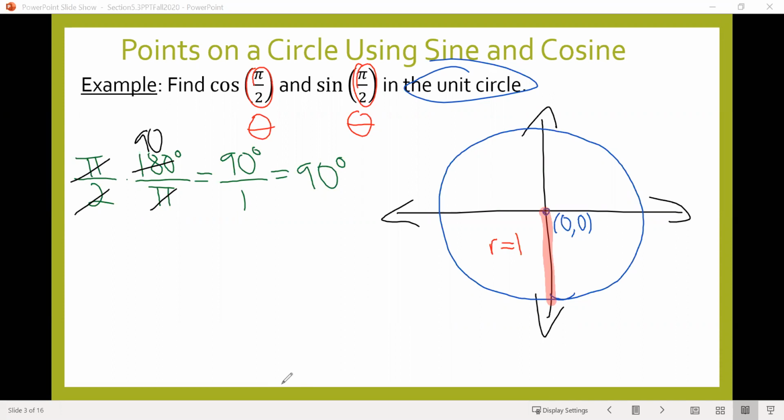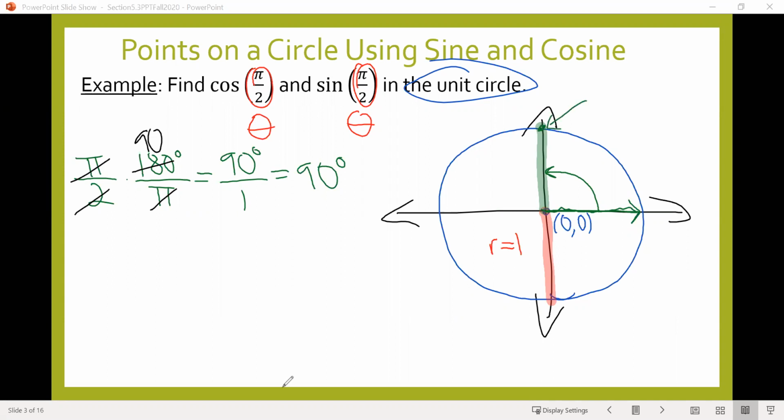Okay, so now in this unit circle, I'm going to deal with an angle of pi over 2 radians, or 90 degrees. So if we think again of starting here at the positive part of our horizontal axis, if we rotate around exactly 90 degrees, we're going to end up on this vertical line here. And basically what we need to do then is find the coordinates of this point right here.